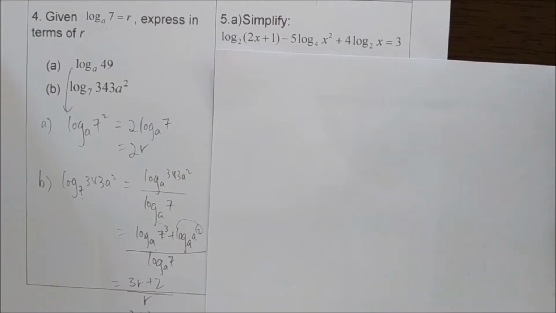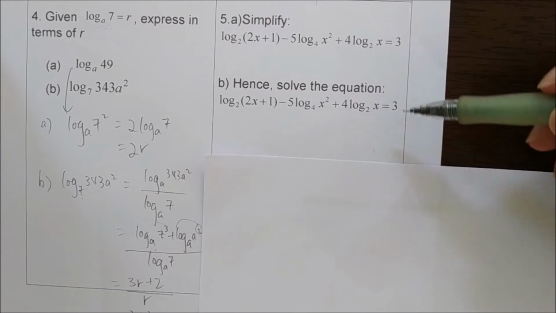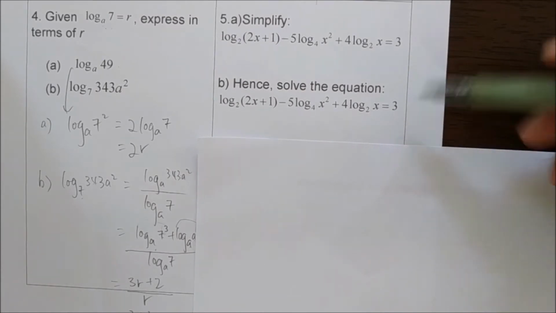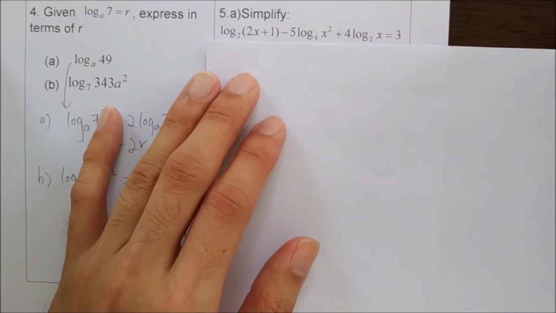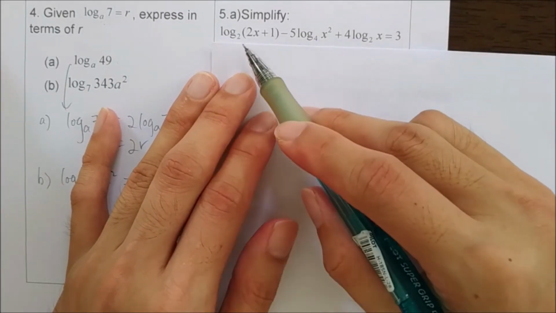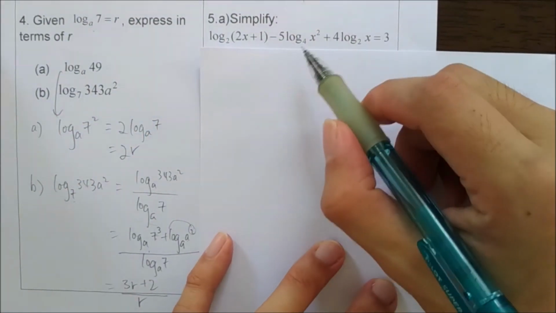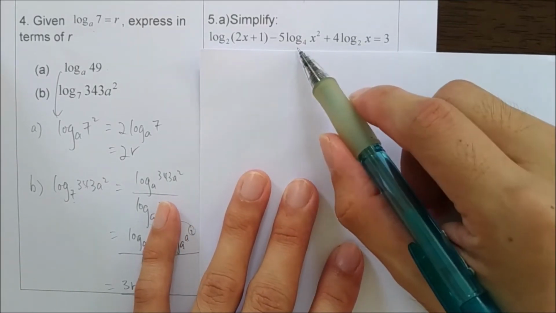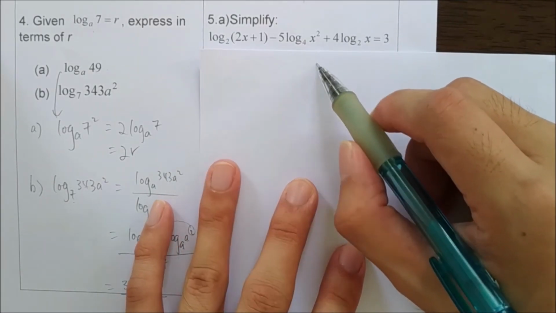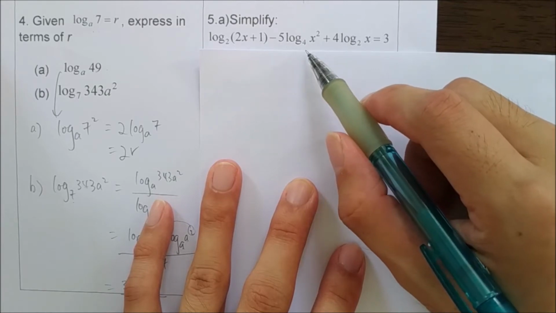For the last question, simplify this and then solve the equation. To simplify means we try to combine all the log terms here. Since they have different bases, we need to change one of the bases, and we always choose the bigger value to change the base.